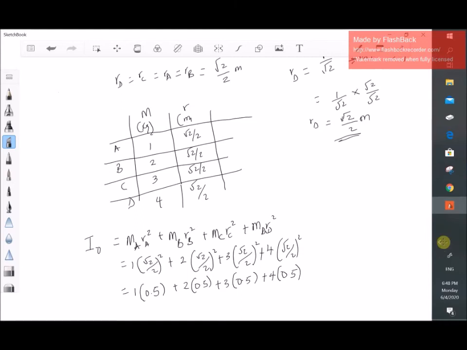Now when we add everything up, our moment of inertia at the center is 2.5 kilogram meters squared.